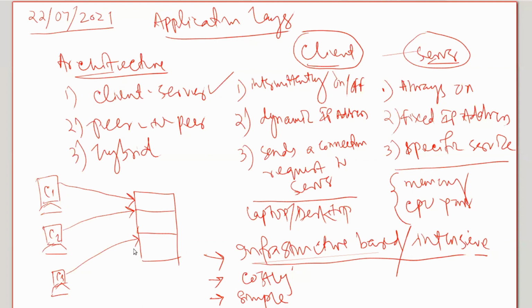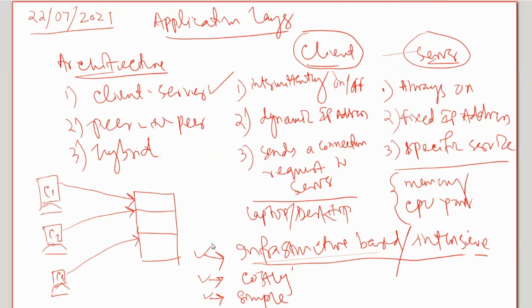So the architecture followed in client server is very, very simple. Three things we have to understand. Client server architecture is infrastructure based or infrastructure intensive, and it is costly. Why is it costly? Because we have to install a lot of very powerful server machines, so we have to incorporate a lot of cost.